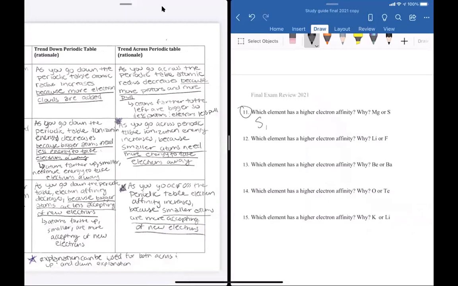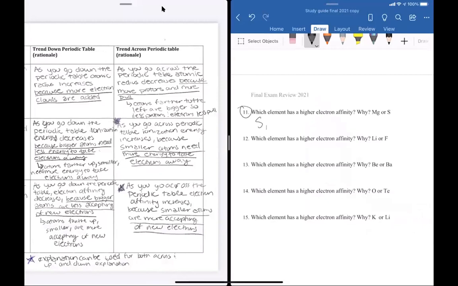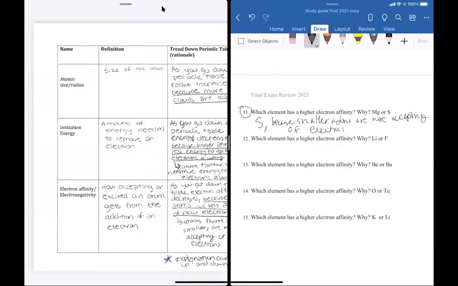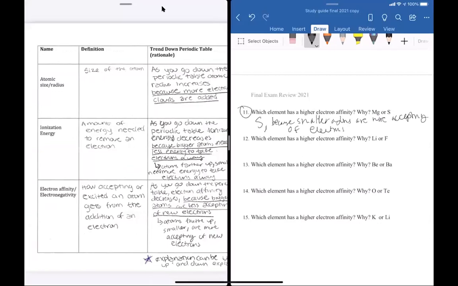So we're gonna use that one that says smaller atoms are more accepting of electrons. You just say S because smaller atoms are more accepting of electrons. That's what electron affinity is, how accepting or excited an atom gets from the addition of an electron.